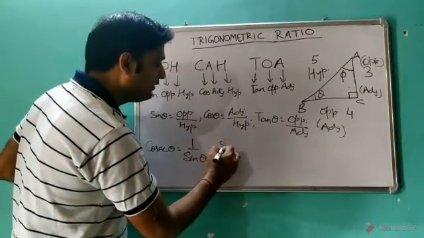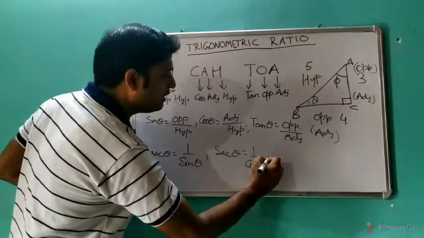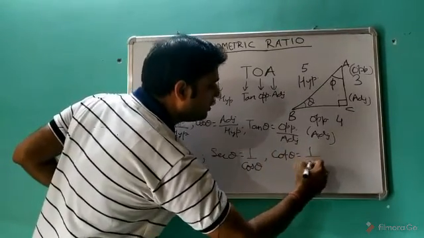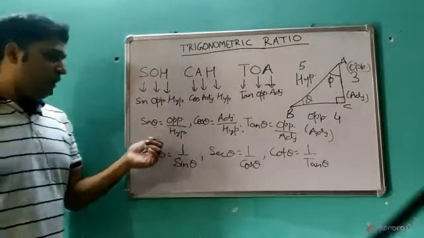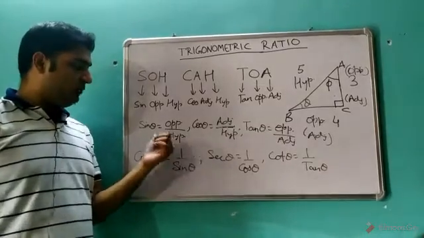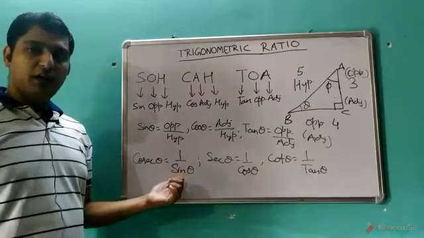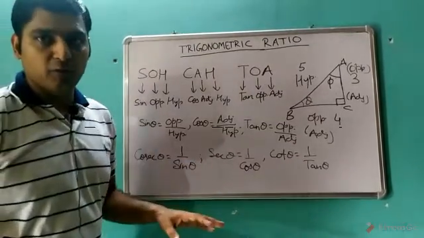The second one is sec theta, which is equal to 1 upon cos theta, and the third one is cot theta, which is equal to 1 upon tan theta. So we find that we get the secondary trigonometry ratio from the primary trigonometry ratio. If we invert the primary trigonometry ratio, we get the secondary trigonometry ratio.